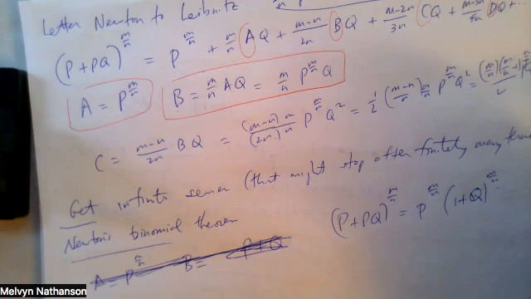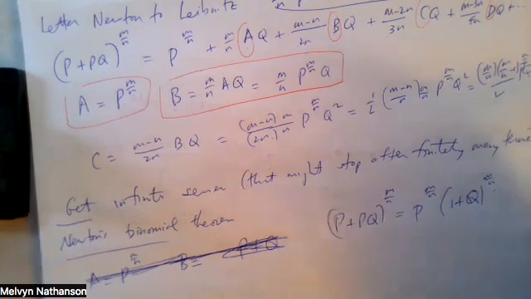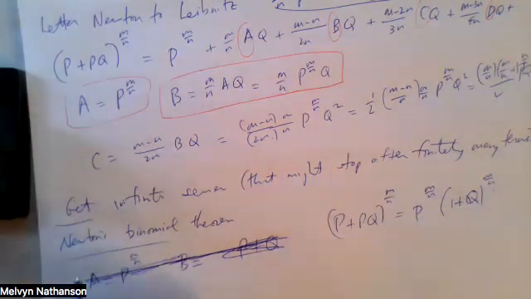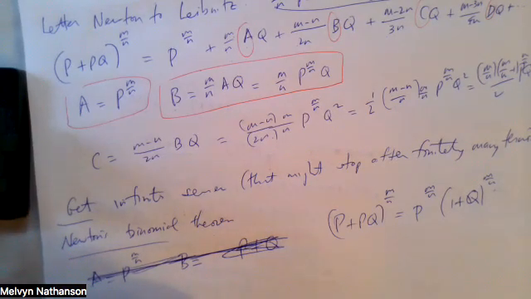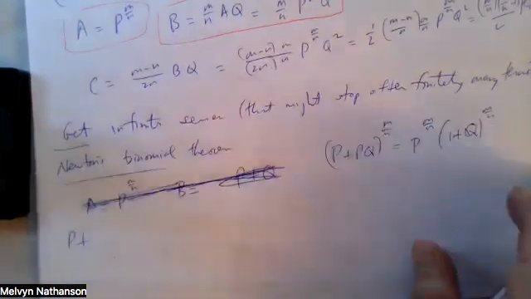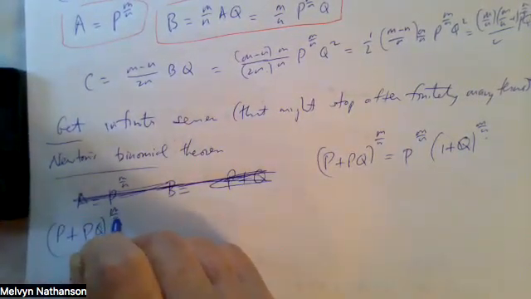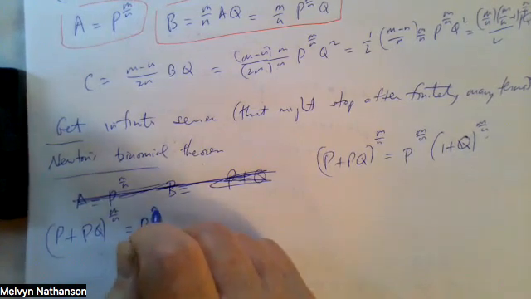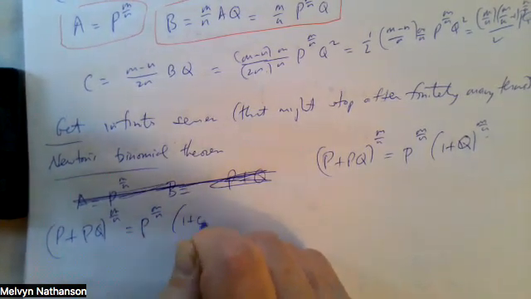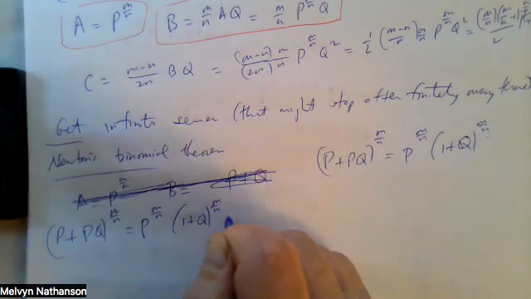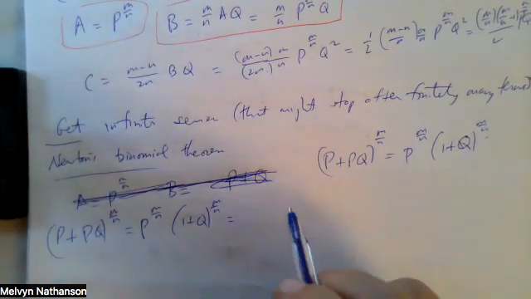If you want to replace Q by X, that's okay. So where we have P plus PQ to the M over N, that's P to the M over N, 1 plus Q to the M over N. What does this expansion look like?